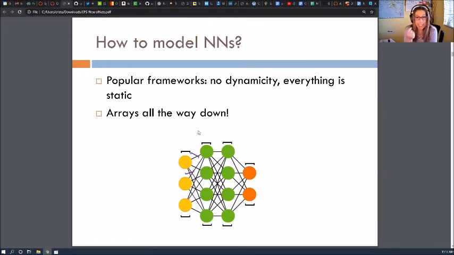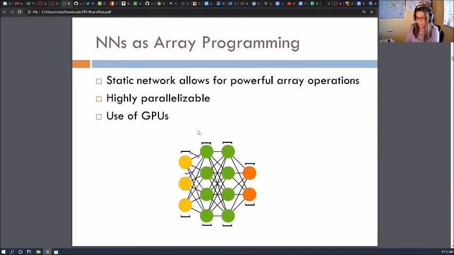That happens upfront, and once you have the architecture, everything is fixed. Nothing changes. If you say that the middle layer has 100 neurons, then that's it. It's an array of size 100. It doesn't change. There's no dynamic allocation. Nothing changes as the program runs.